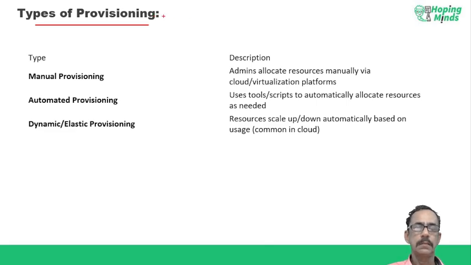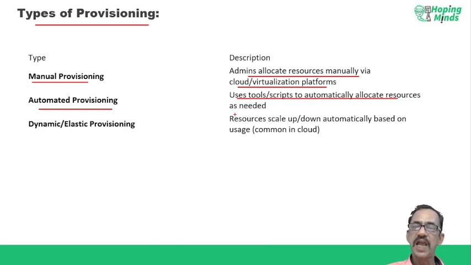It can be manual provisioning, where the admin allocates the resources manually via cloud or virtualization. One is automated provisioning, which uses tools or scripts as needed.